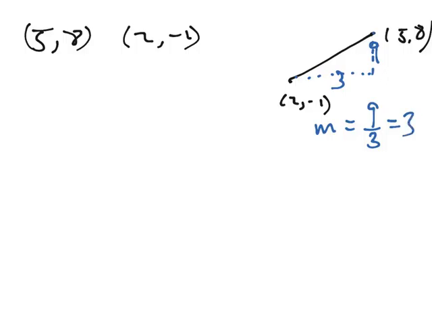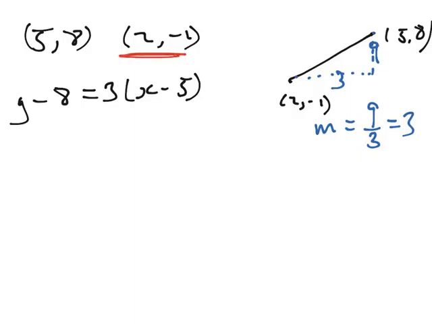So now I've got a gradient and I've got 2 points I can choose. So I'll go back to my formula, y minus y1. But let's take the point 5, 8. y minus 8 equals 3 times x minus 5. I could have used this point here if I wanted to, and I would end up with exactly the same answer. But I don't fancy this double negative thing I would get with that. So I'll just stick with the positive numbers.